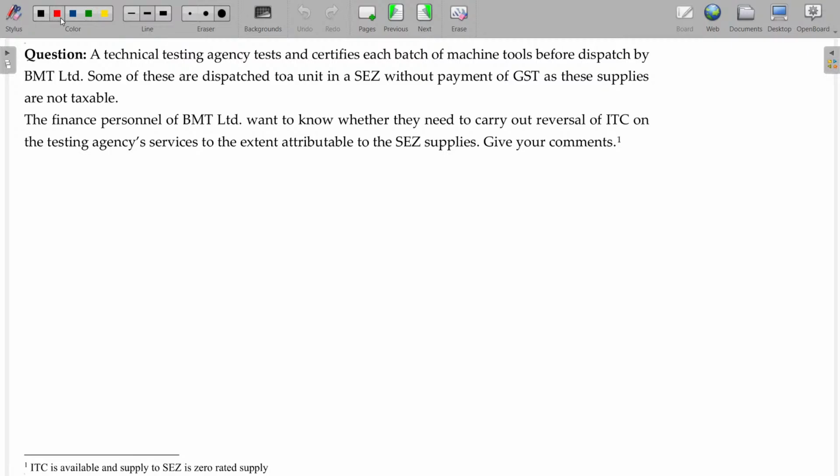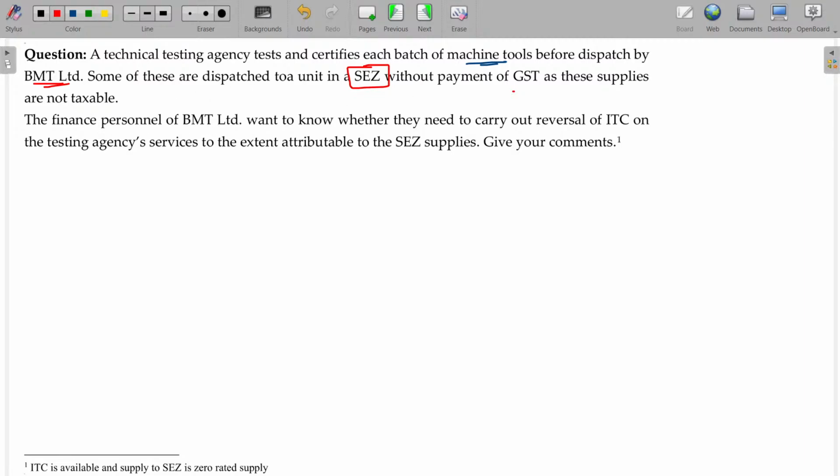Now, a technical testing agency tests and certifies each batch of machine tools before dispatch by BMT Limited. Some of these are dispatched to a unit in a SEZ without payment of GST, as these supplies are not taxable.